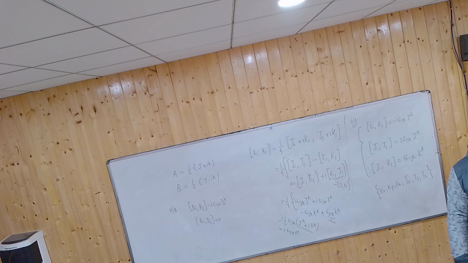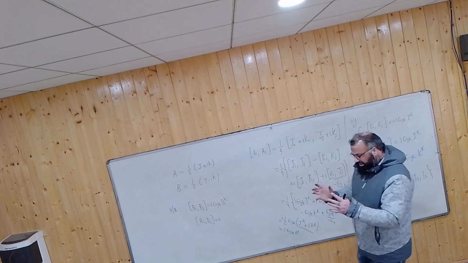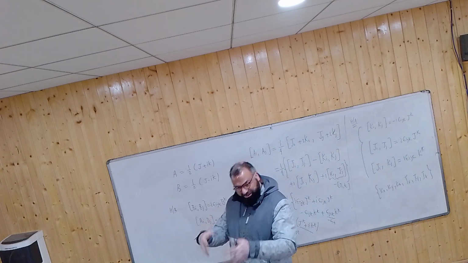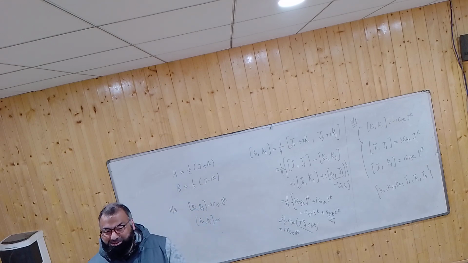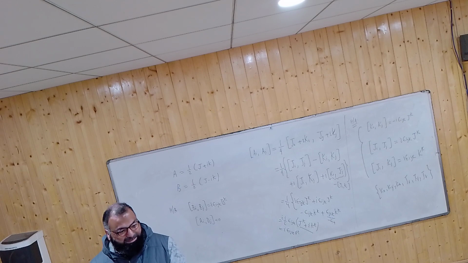So where from have I constructed? From rotation and boosts, is it? So that means I have constructed from the generators of the larger group, the Lorentz group. And I have actually constructed 2 groups here. When I say the generators of A, let's say you have the set of generators, they are closed.